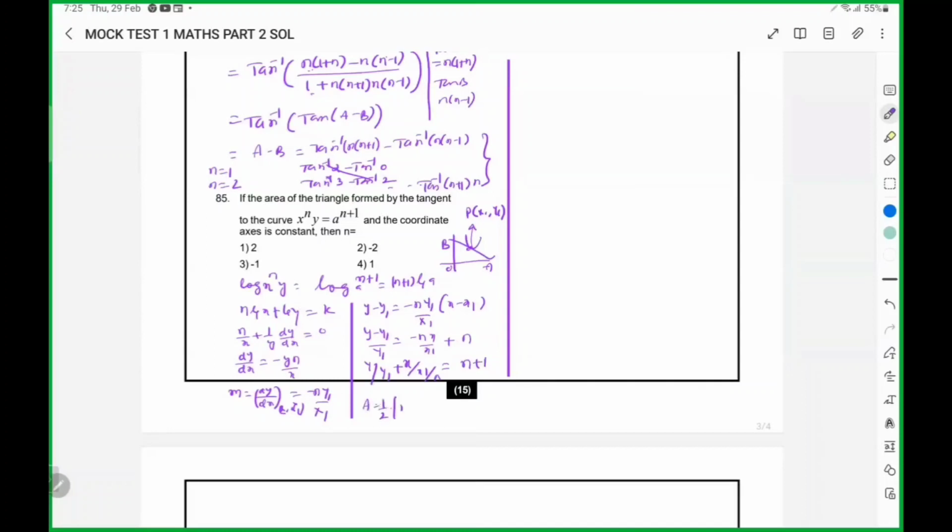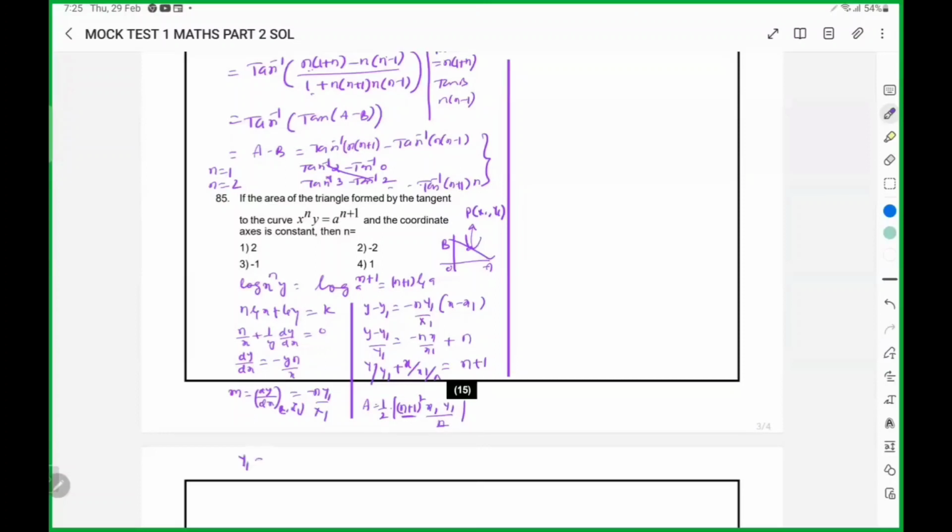Area is half n plus 1 whole square x1 into y1 by n. So this n plus 1 is constant, n is constant.